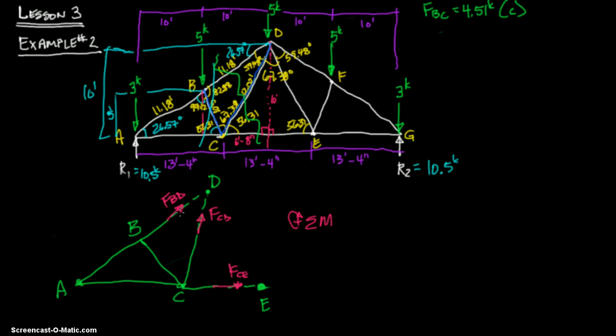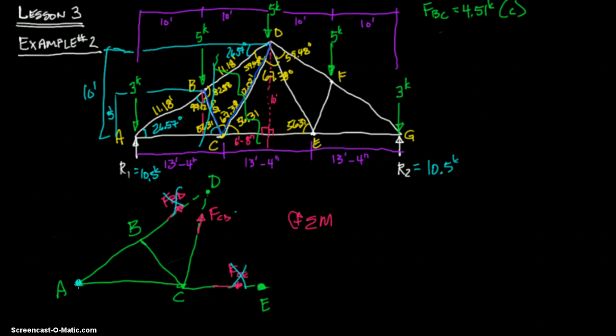And there's a certain thing you want to do. You want to get rid of this one, and you want to get rid of this one, because that will leave you FCD, or also F34, which is what we're looking for. This is F34. In the example, I just renamed it FCD. And hopefully you know that if I make these two concurrent, I can get rid of those, because the moment of a concurrent force is 0.